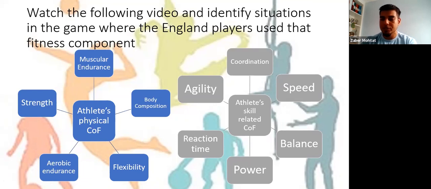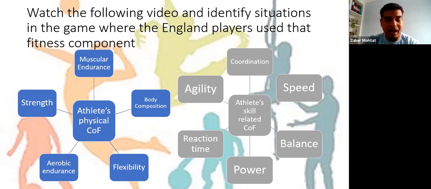Whatever sport you're interested in, in the Q&A box, I want you to give me a couple of examples. One example from physical components, where the mind map is on the left, the blue one, and then one example from the right mind map, of a situation in your sport where you would use that fitness component.